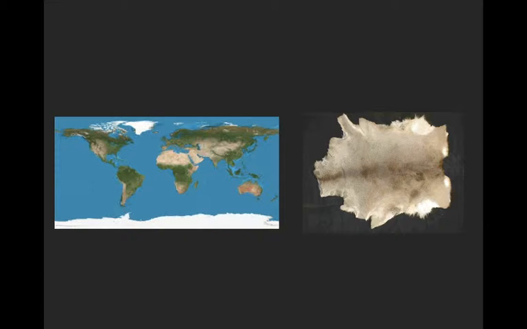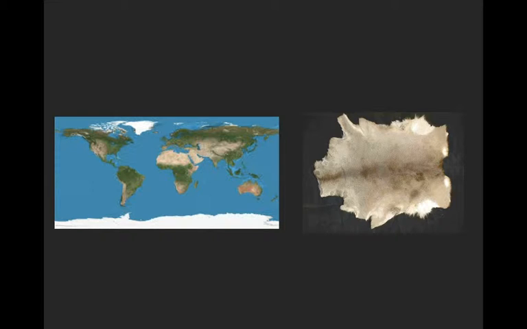Planet Earth is, of course, a sphere, a roundish primitive, so to speak, and you can imagine this map of our continents has been peeled off planet Earth like the skin of an orange, and has now been placed on a map, on a texture in 2D.